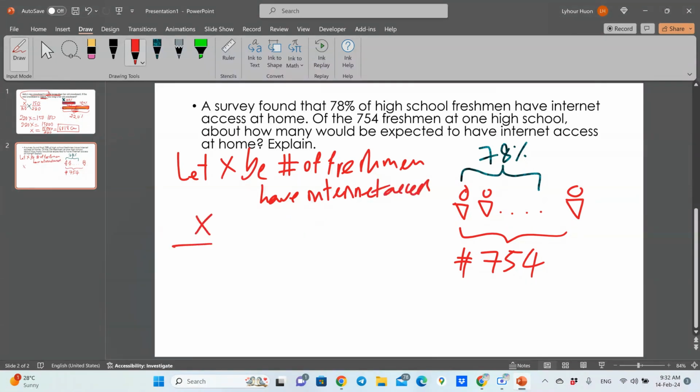So x over 754 equals 78 over 100. And then we solve for x. So now what is the answer for x?